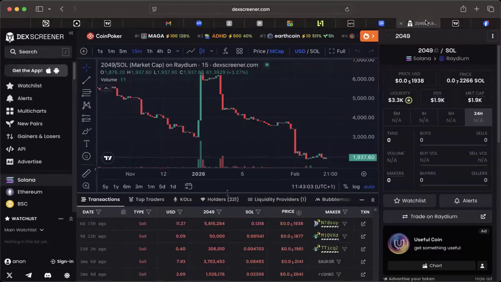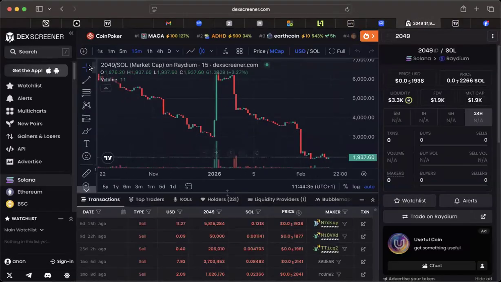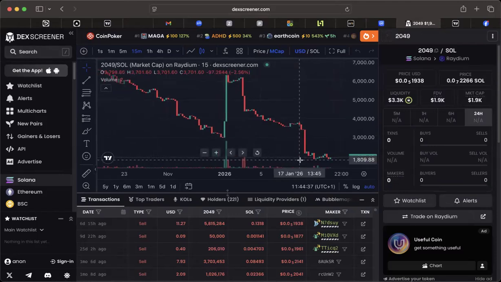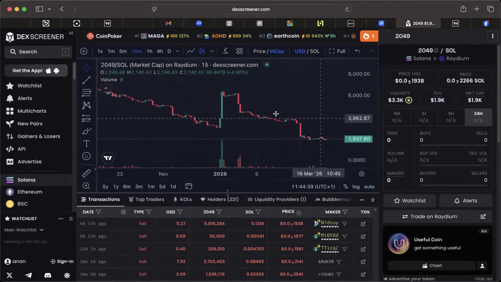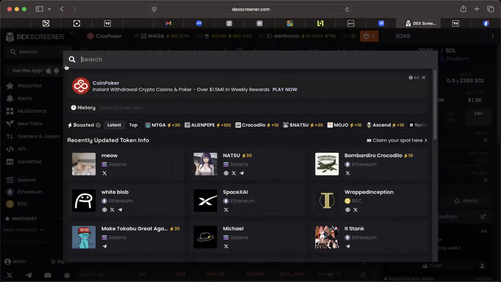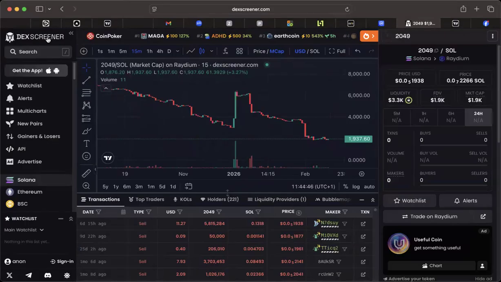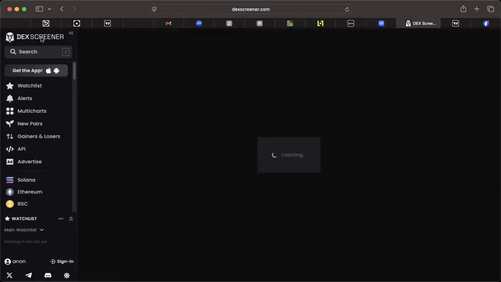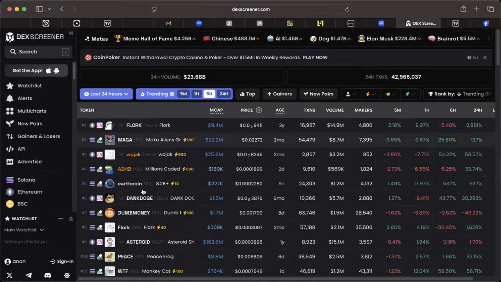Number two, you're going to need DEX Screener. This is a place where we research meme coins, low cap coins, tokens that have not been listed on the major aggregators.